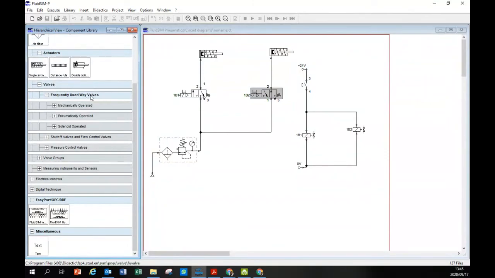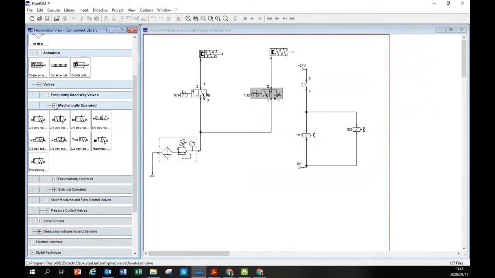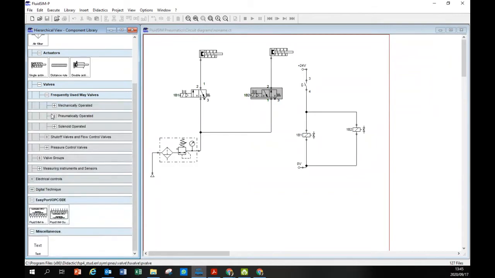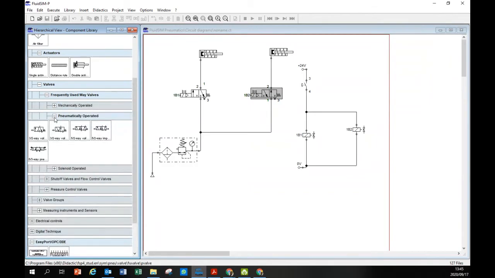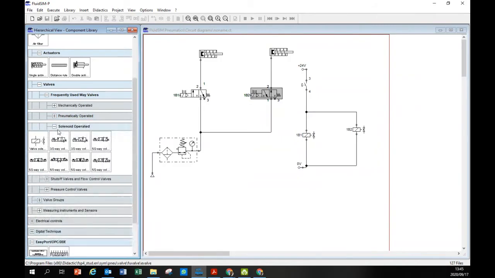So we are having what? We're having valves here. You see, frequently used valves. We have mechanically operated. And then here we have pneumatically operated. Here we have solenoid valves, which are electrical valves. And you have hydraulic valves.